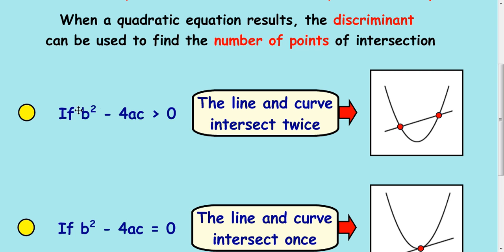So b squared minus 4ac is greater than 0. We've been talking about parabolas crossing the x-axis and saying that, okay, it has two roots. The same idea: if you've got a line meeting a parabola at two places, then if you take the discriminant of the resulting equation and it's greater than 0, the line will hit the curve twice.